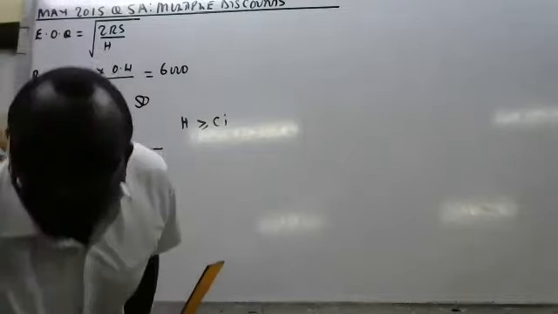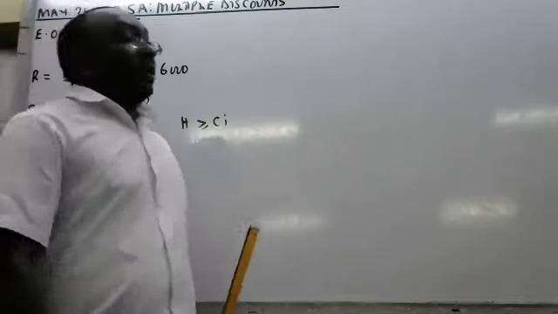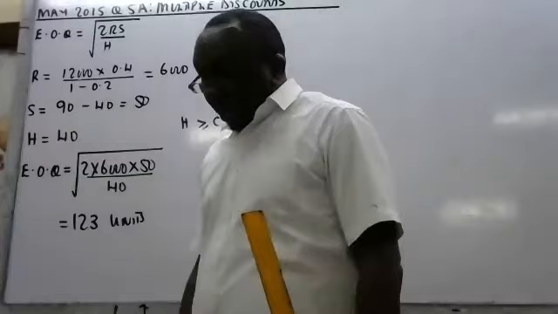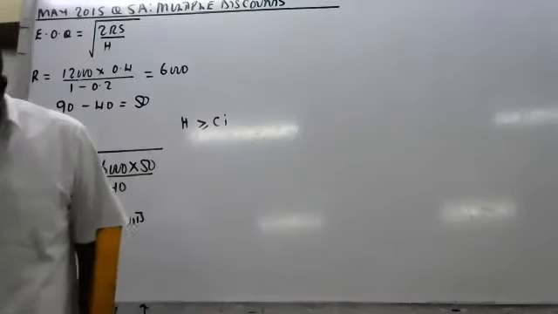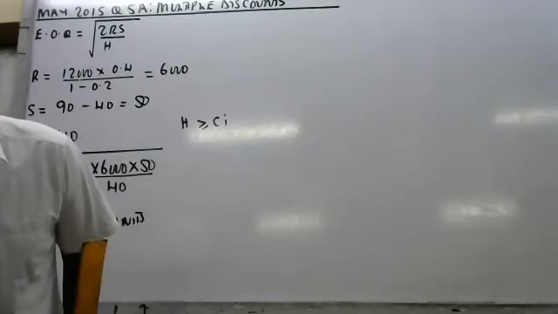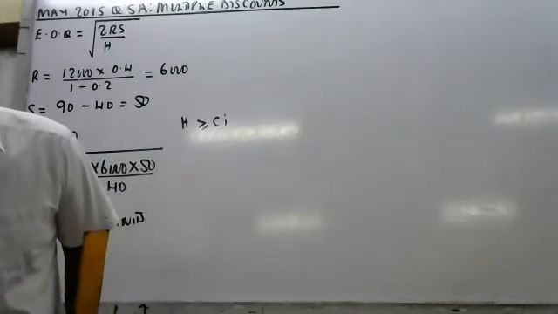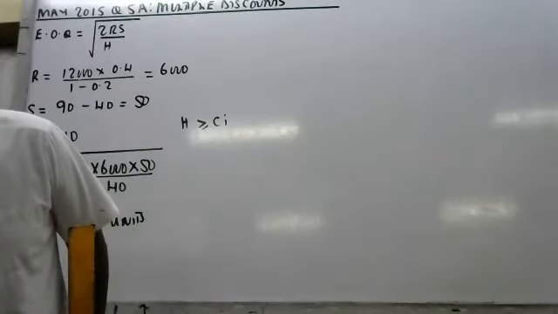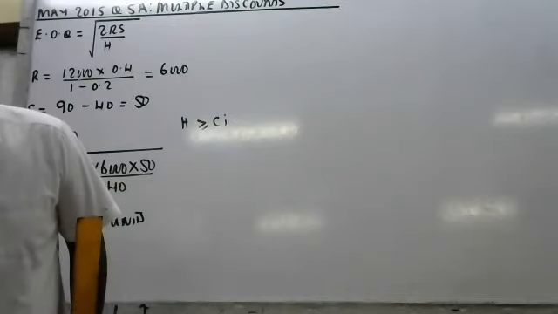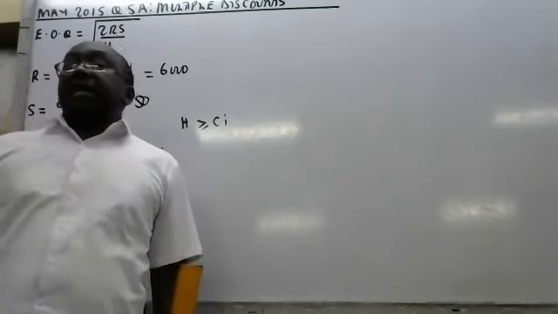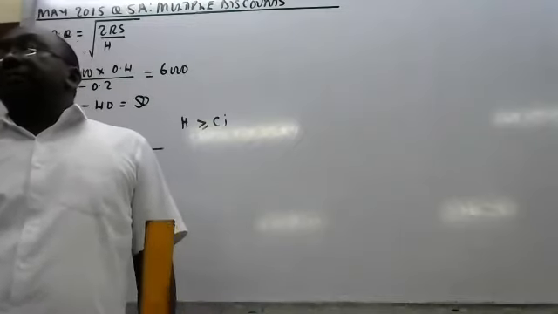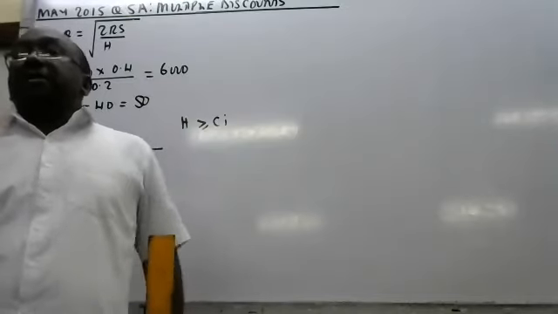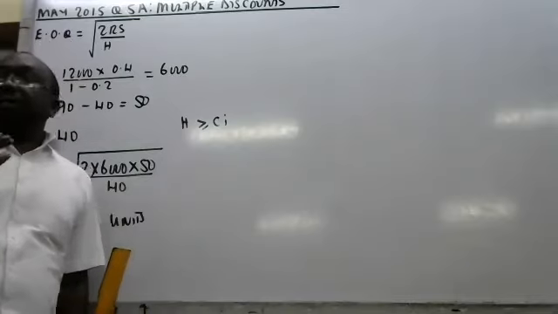Now, if we have 123, you can see it is below every break, because the lowest break is 1,000, the lowest number of units you can buy. So 123 is below every one.